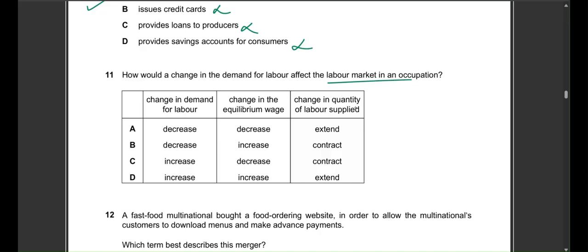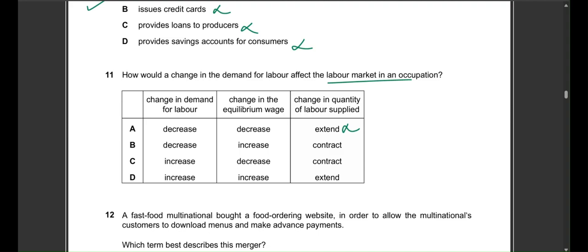Okay, changes in quantity of labor supplied extend. No, if your demand is decreasing, wages will obviously decrease. How will quantity supplied be increased or extend? No, if I'm getting less payment, I'm not ready to supply more. So this is not the correct one.